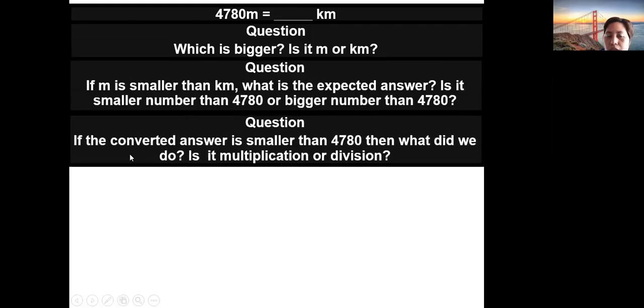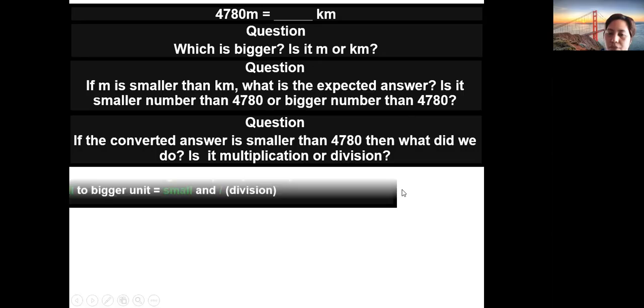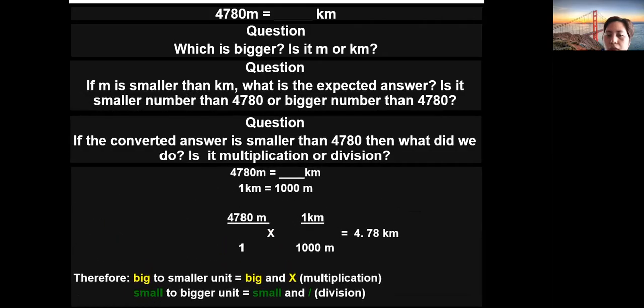If the converted answer is smaller than 4,780, then what do we do? Is it multiplication or division? In the previous example, it was multiplication because it was from a bigger unit to a smaller unit. But since here a smaller unit is converted to a bigger unit, we will be using division.